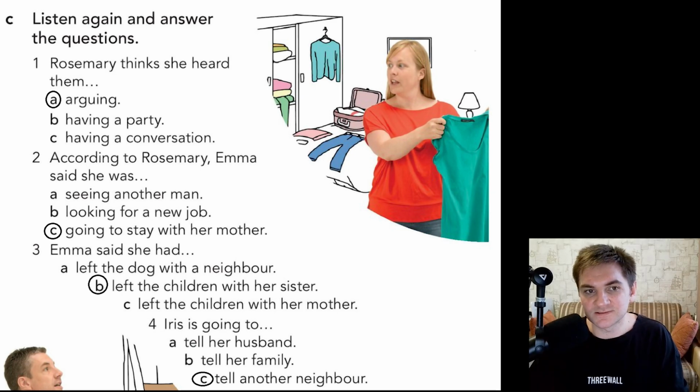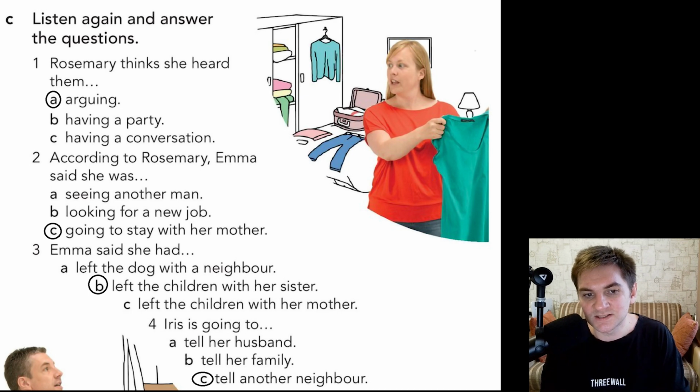Let's look at the answers. Rosemary thinks she heard them, of course, arguing because they were kind of shouting at each other. Number 2. According to Rosemary, Emma said she was going to stay with her mother. So she was leaving that man. And number 3.